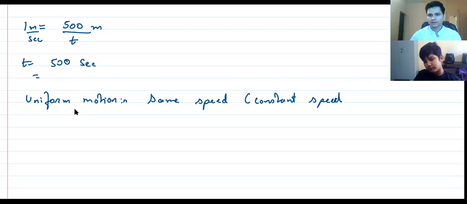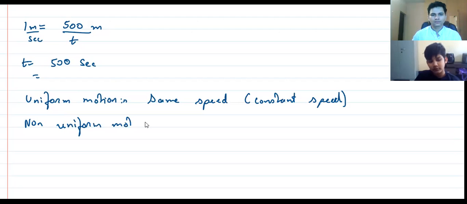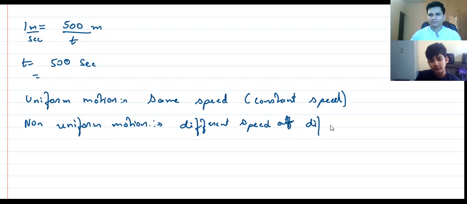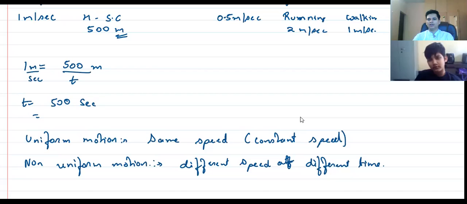And non-uniform means different speed, speed at different times. Anyone have any issue in this? No, clear? Okay, very good.